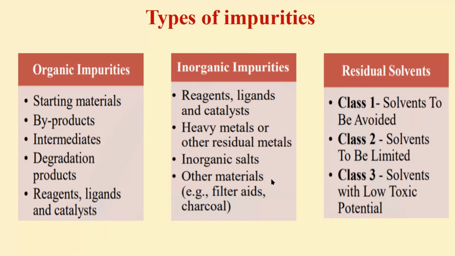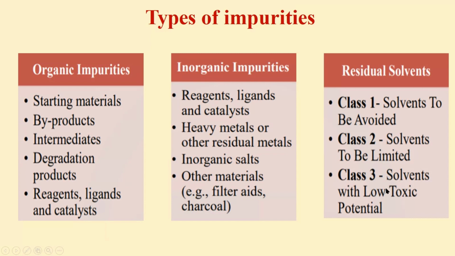Another one is residual solvents. We use solvents for the manufacturing of products and in the process of formulation, and the solvents can remain as residues. If they are not completely removed, that is another type of impurity. There are three types of solvents: class 1, class 2 and class 3. Class 1 solvents are those which should be avoided completely. Class 2 solvents can be used in limited amounts.